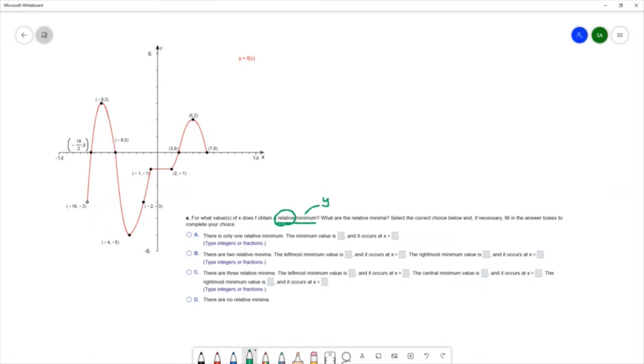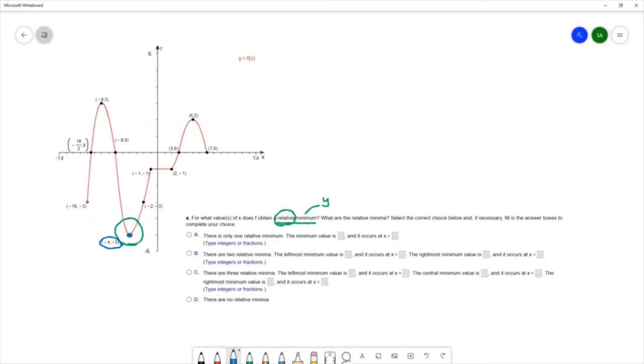So for this picture that we're looking at here, we can see right here is a dip in the graph. And if we zoomed in on that place, we could see that this point right here, which is labeled as -4, -5, has the smallest y value in that nearby area.